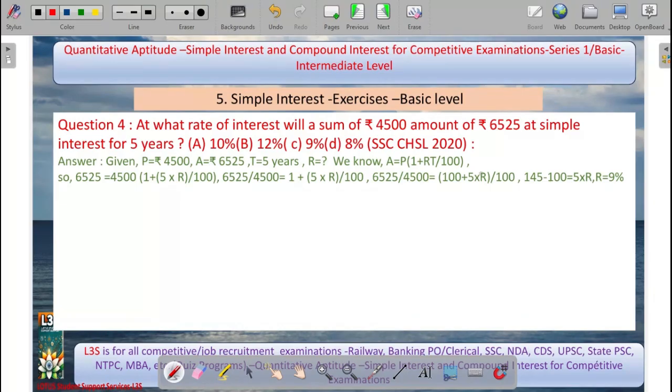Question 4. At what rate of interest will a sum of rupees 4,500 amount to rupees 6,525 at simple interest for 5 years? So which data are given here?